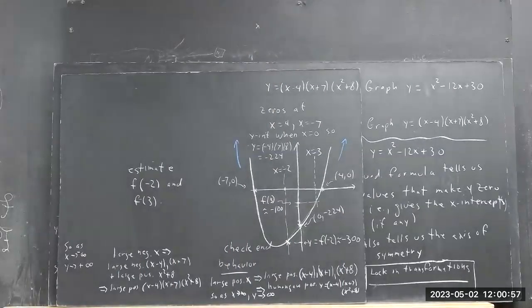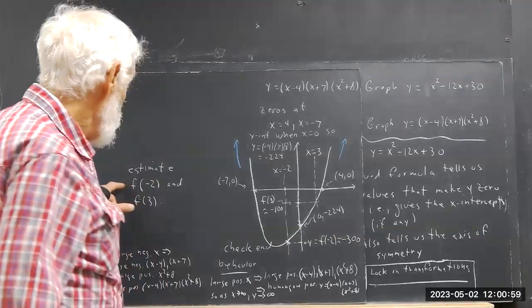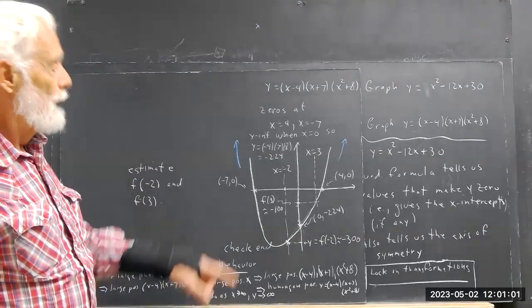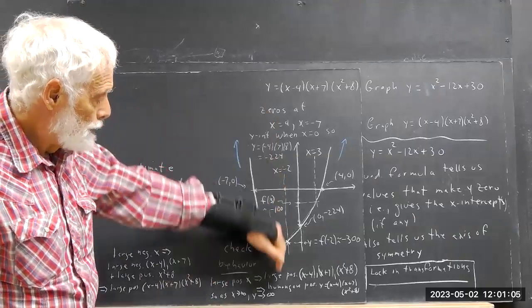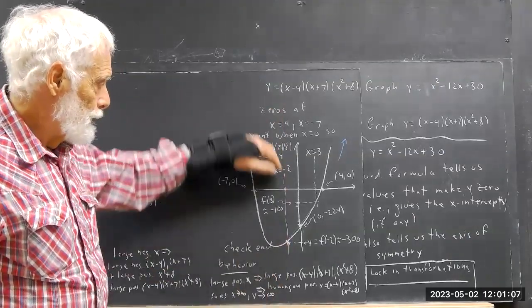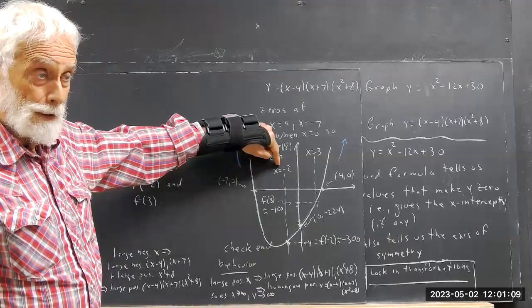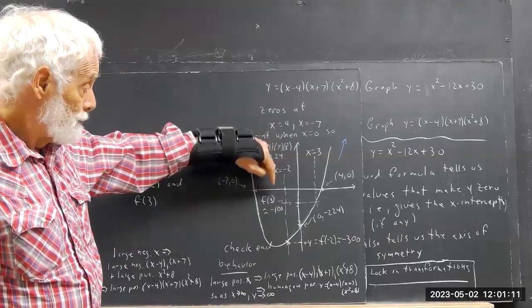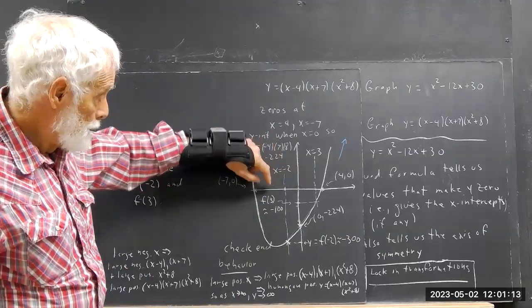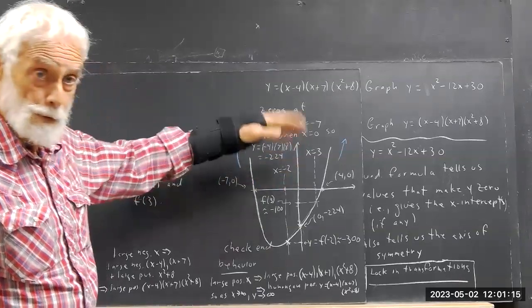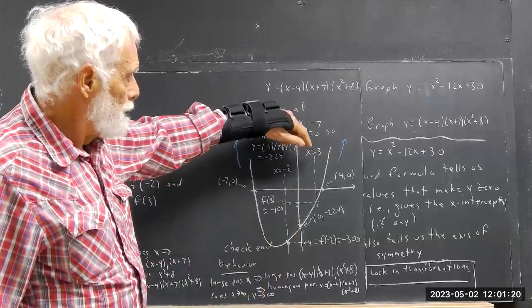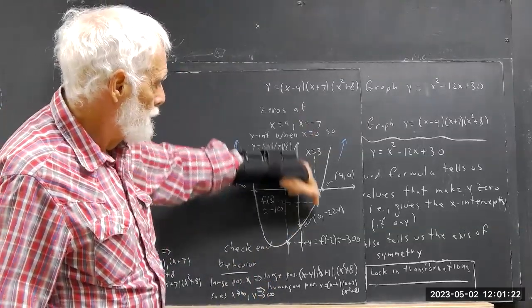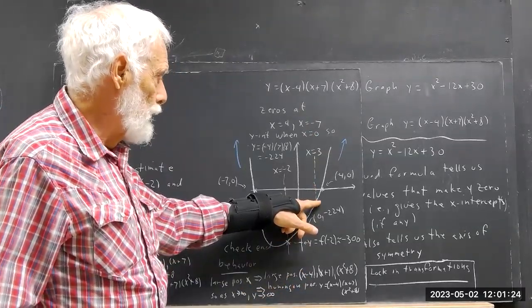Okay, so estimate f of negative 2. You have to estimate y when x is negative 2. So we draw a dotted line here representing the line x equals negative 2. And to do f of 3, we do a dotted line here and see what the y value is.